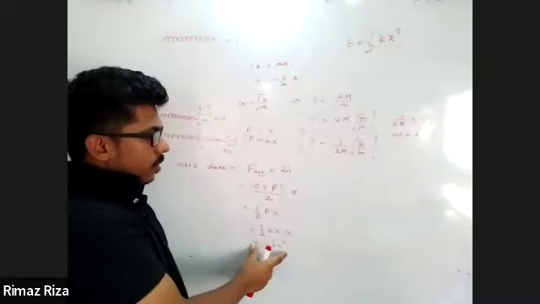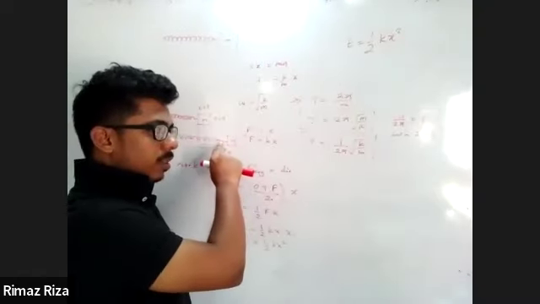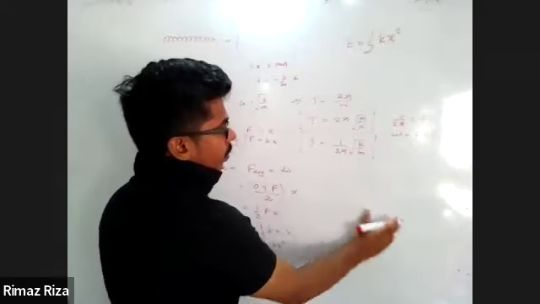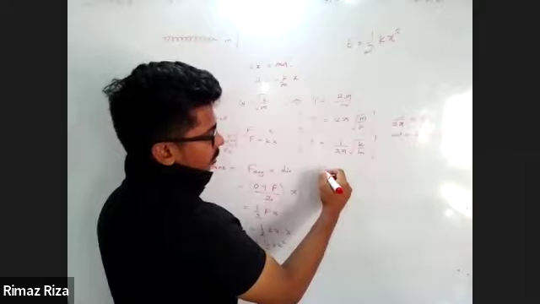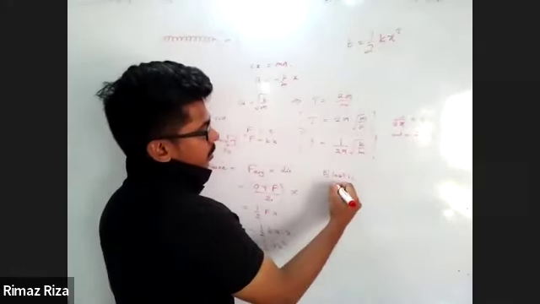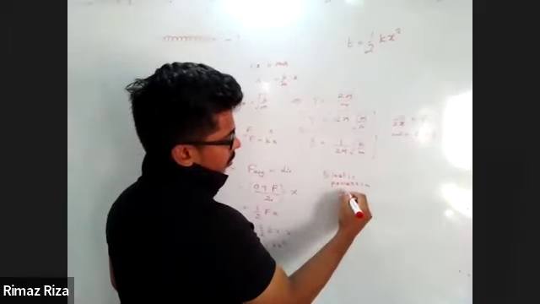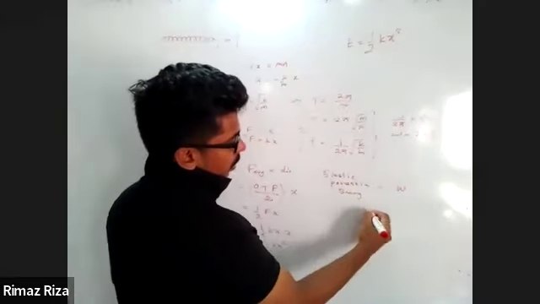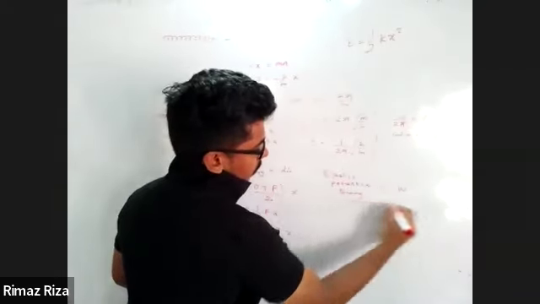Likewise, work is done on the spring, so it gains energy. So the gained potential energy, the elastic potential energy, is equal to the work done. So E equals work done, which is half kx squared.